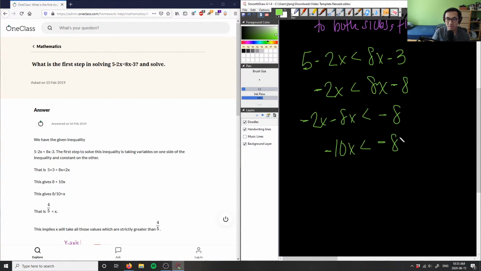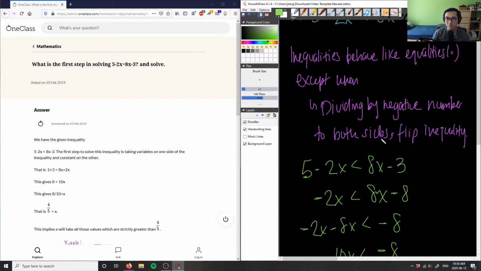And now we have -10 here. We can divide both sides by -10. So x is going to equal, and again, this here is when my exception happens. I'm dividing by a negative number, I'm dividing by -10.